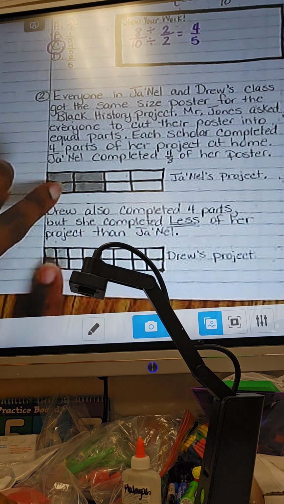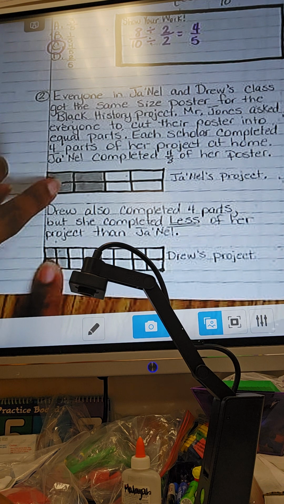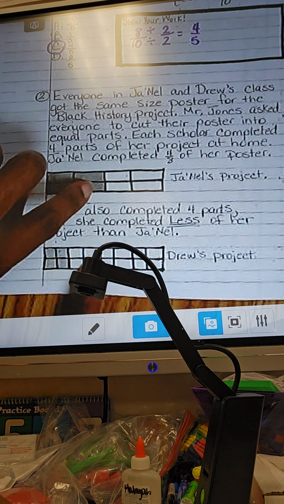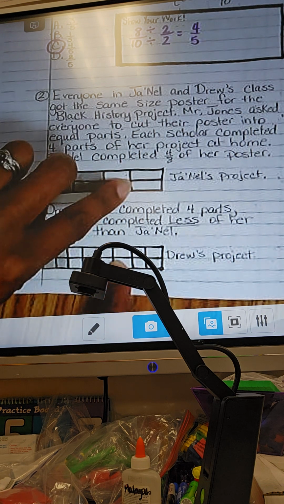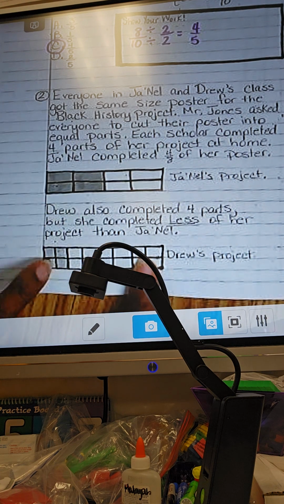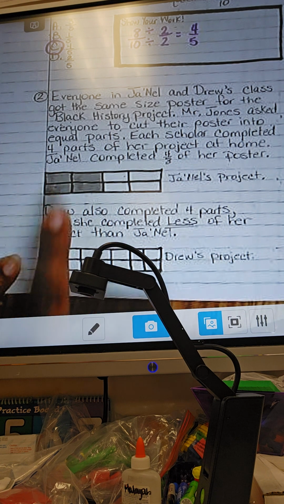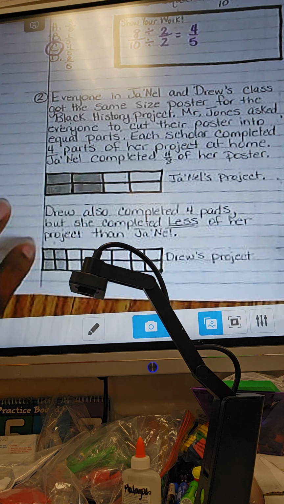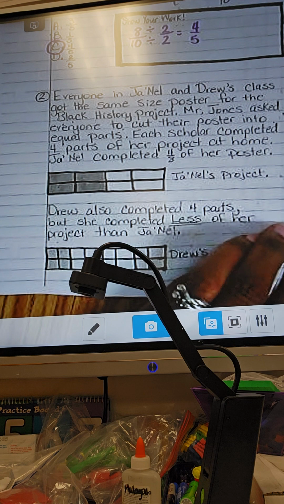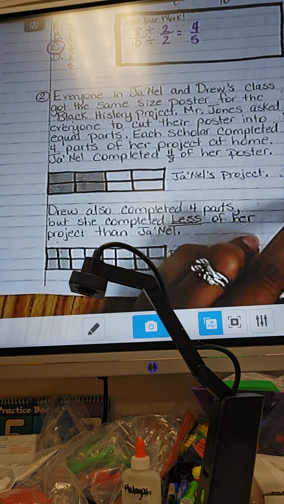This piece down here is cut in half. So instead of 2 pieces, you have 4 pieces. The same for this piece, and this piece. This is why I can shade in 4 of this model and it be less than the 4 of Janelle's model. So on the next page, it gives you the next part of your question.